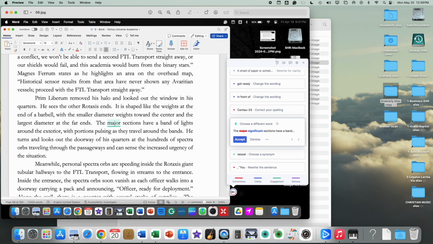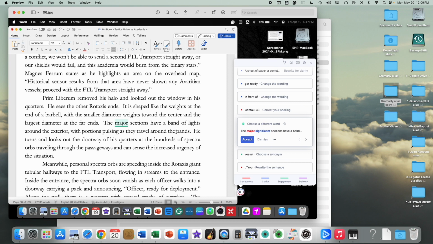Okay, here we are. We're back to this Grammarly irritation again, and it says the major sections of the band of lights around the exterior. So this is describing this Rotaxis. I'll back up here. He sees on the other end of Rotaxis, which is a space station, it's shaped like the weights at the end of a barbell, with the smaller diameter weights toward the center and the largest diameter weights at the far ends.